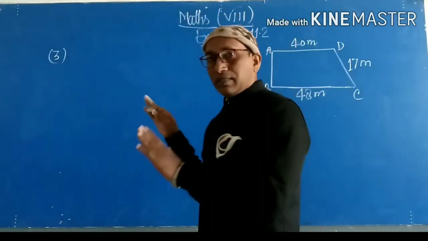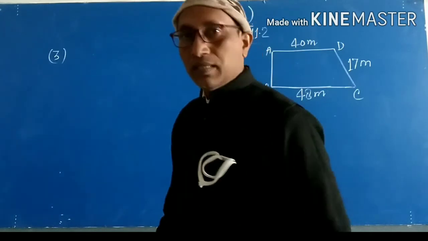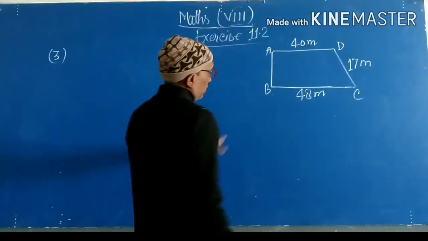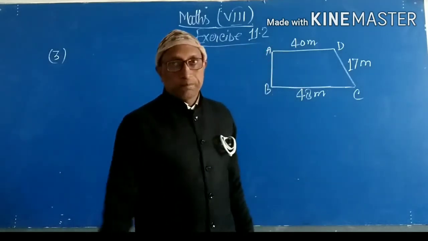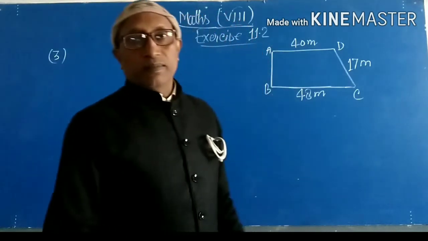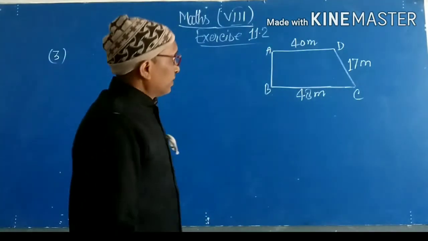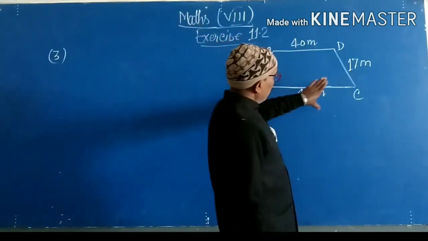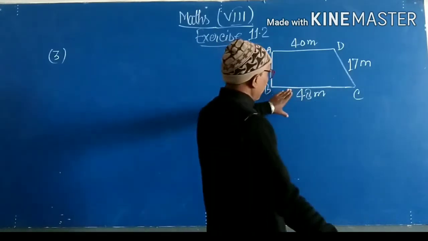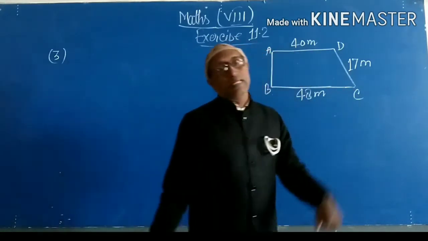For solving this question, first of all, we find out the length of AB, which is found by the difference of perimeter and sum of these three sides.